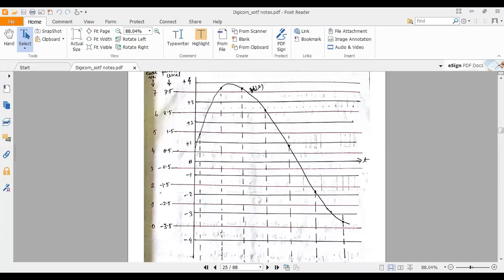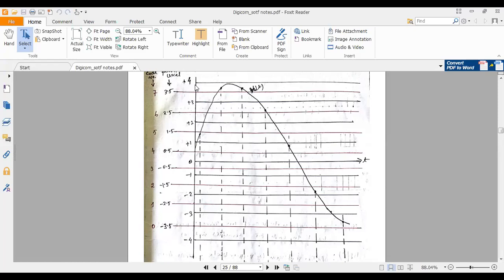Then see, between the 0th position and the 7th position there is also a 1 unit gap. Why? Because this is 3.5, this is 4, so this gap is 0.5. And here this is -4 and this is -3.5, so this length is 0.5. So 0.5 and 0.5, if you fold them, it will give you 1 unit. So throughout the process, the gap between any two quantization levels is 1 unit.